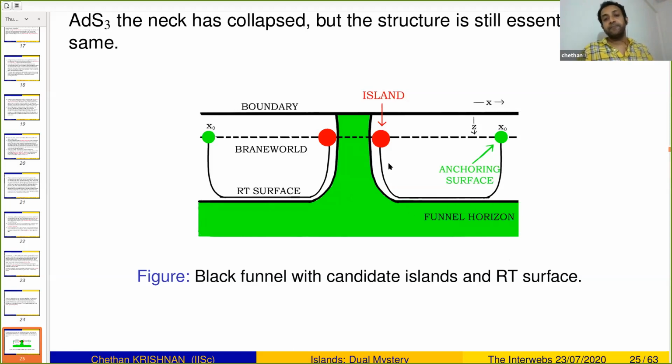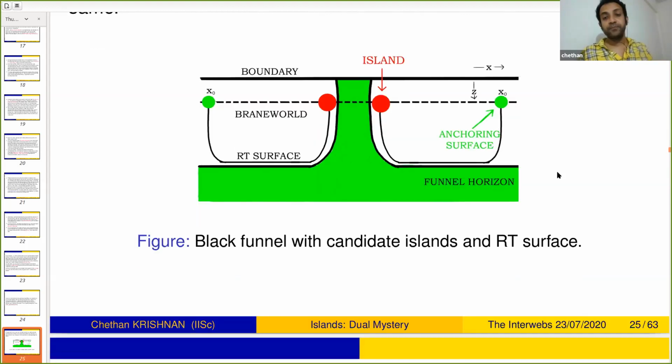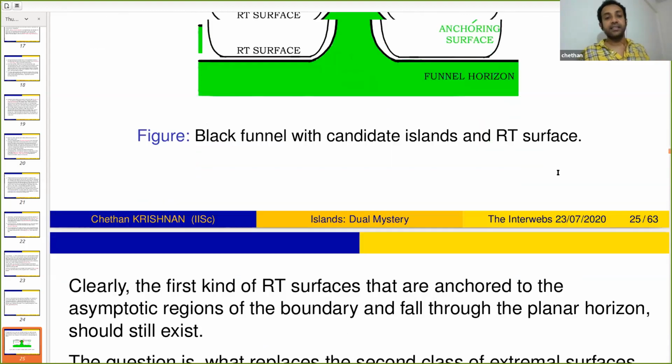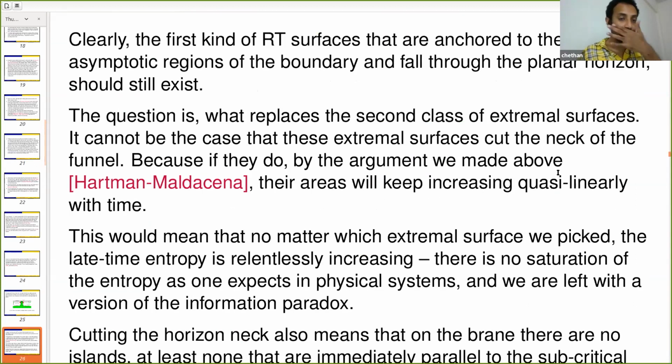The key point about them is that they are bulk horizon straddling extremal surfaces that are anchored to the boundary. So the question is whether there exist such extremal surfaces in the black funnel spacetime. The question is hard to answer because these solutions are only known numerically, except in AdS3. So that's where we will do the calculation.